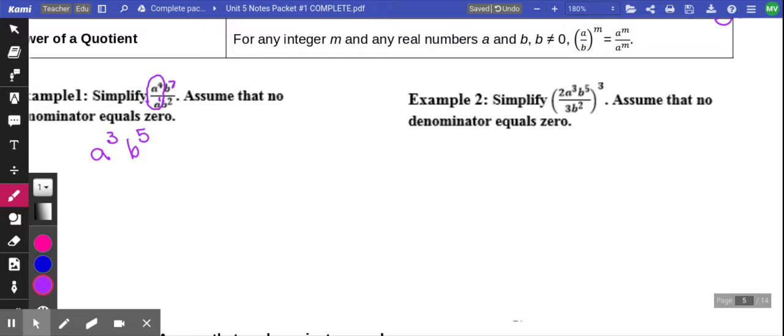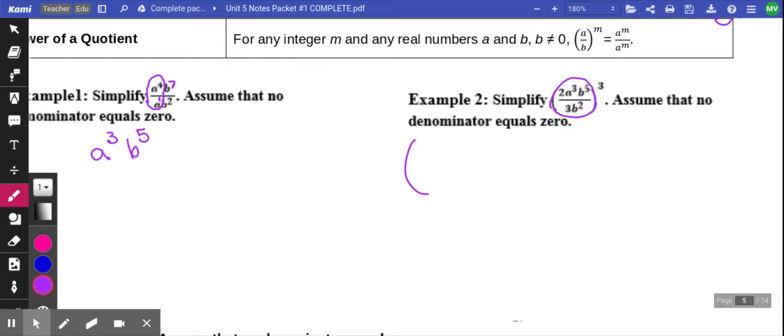Number 2, here we have it being raised to the third power. There are two ways you can do this. You can simplify what's inside first and then raise everything to the third power, or raise everything to the third power and then simplify. I'm going to simplify first what's inside the parentheses.